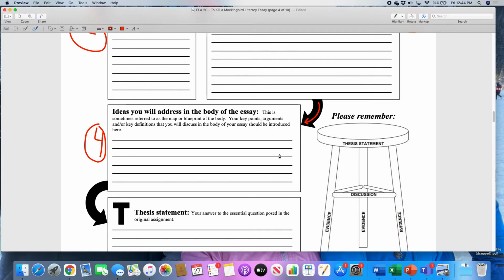When Atticus shoots the dog Tim Johnson, when Atticus stands up to the crowd in front of the jail before the trial, and when Boo Radley defends the children against Bob Ewell's attacks after the Halloween pageant.